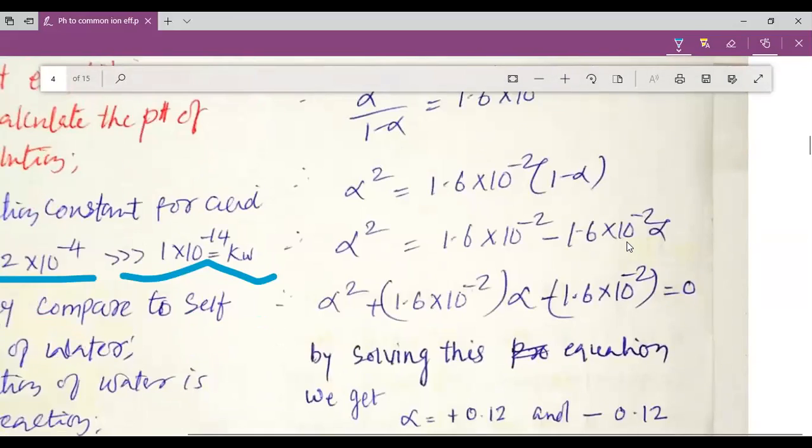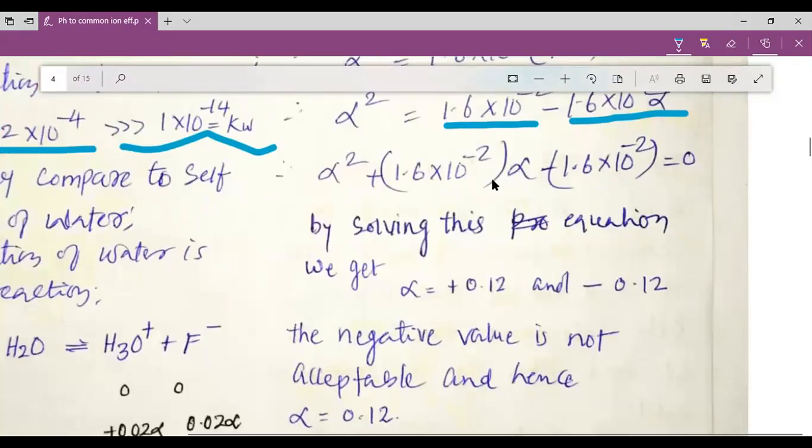Therefore alpha square is equal to 1.6 into 10 to the power minus 2 into 1 minus alpha. By opening this bracket, we get 1.6 into 10 to the power minus 2 minus 1.6 into 10 to the power minus 2 multiplied by alpha. Now, by writing this equation in the form of a quadratic equation, ax square plus bx plus c is equal to 0, we write alpha square.